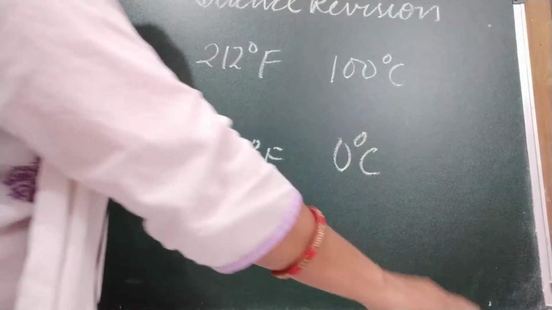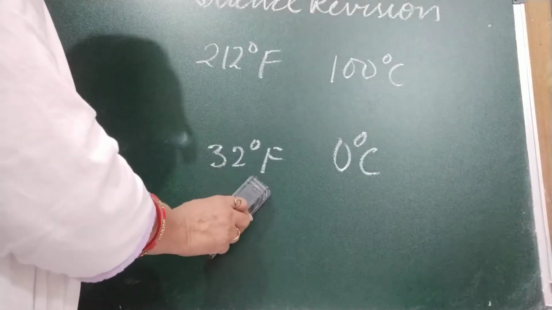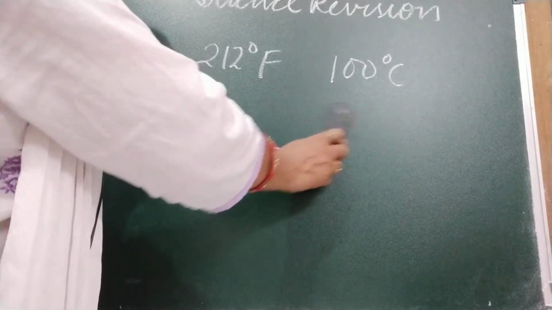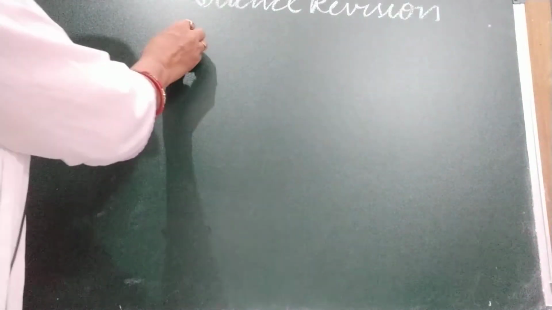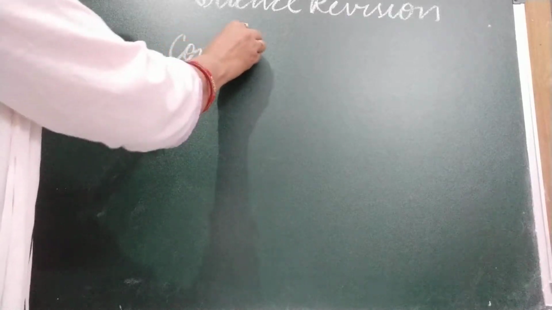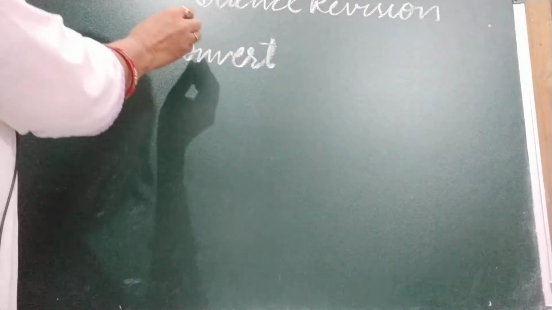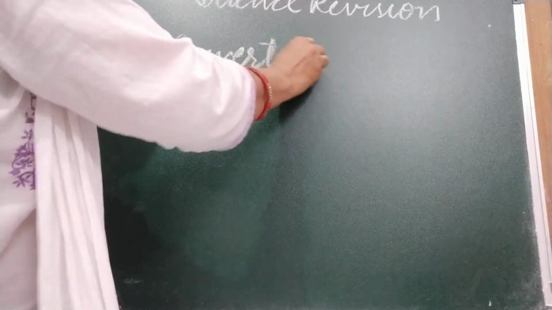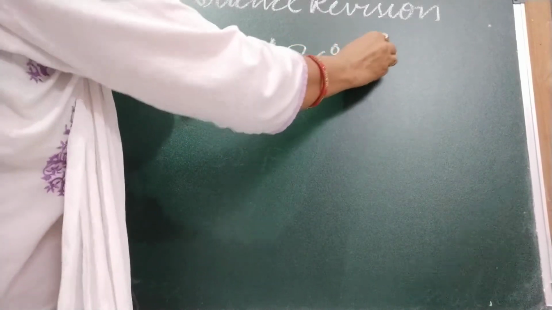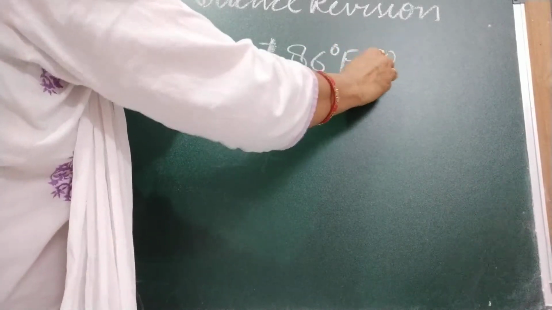We can convert these scales, Fahrenheit to degrees Celsius and degrees Celsius to Fahrenheit. One example we are going to discuss. Convert 86 degrees Fahrenheit into degrees Celsius.